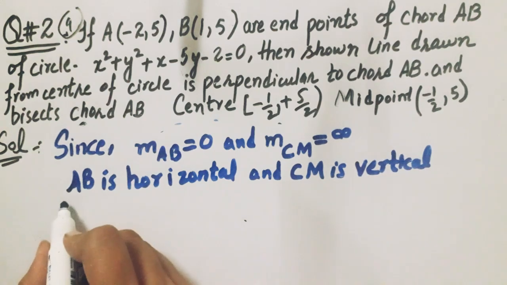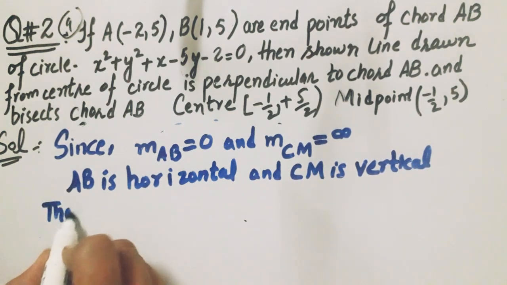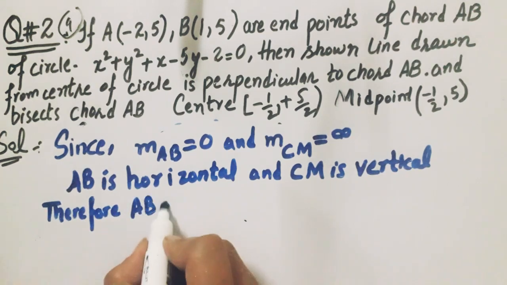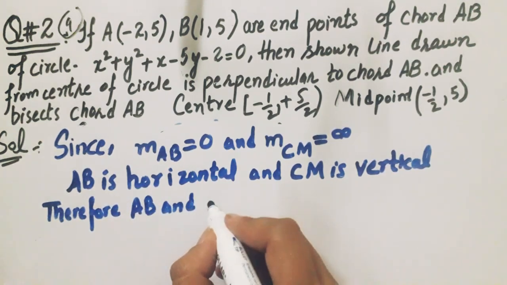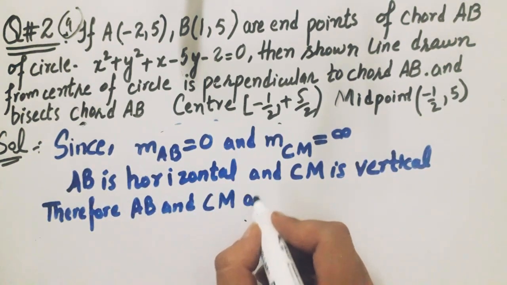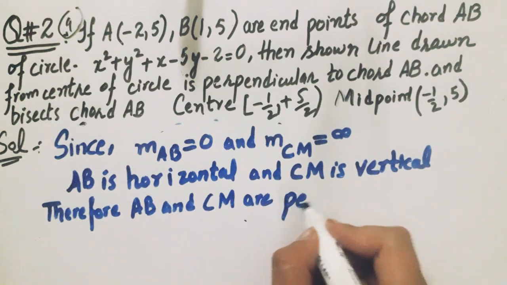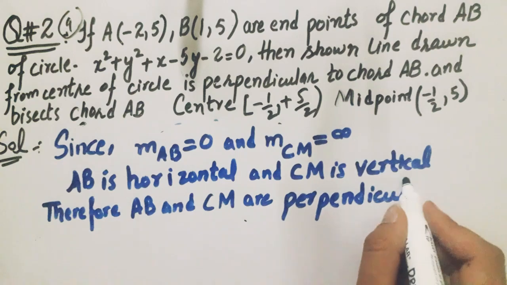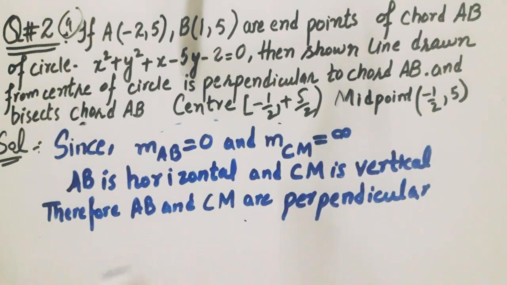Therefore, AB and CM are perpendicular. Both are perpendicular. AB and CM are perpendicular.